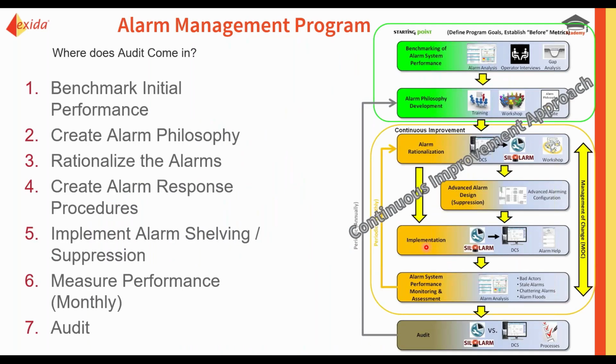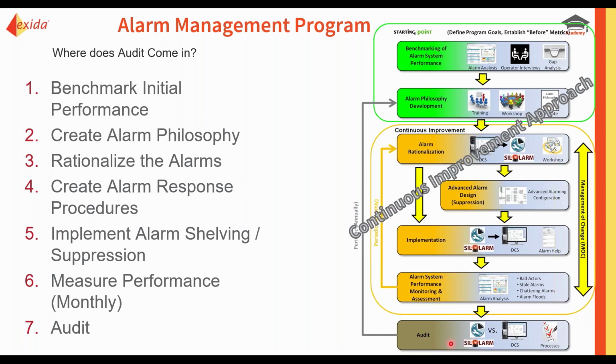So in terms of an alarm management program and when this auditing task actually comes in, if you're familiar with the exida 7-step alarm management program, which starts with some initial benchmarking, creation of an alarm philosophy, alarm rationalization, measuring performance, and kind of continuous improvement, it's once you get into the rationalization that you now have established something to compare to.